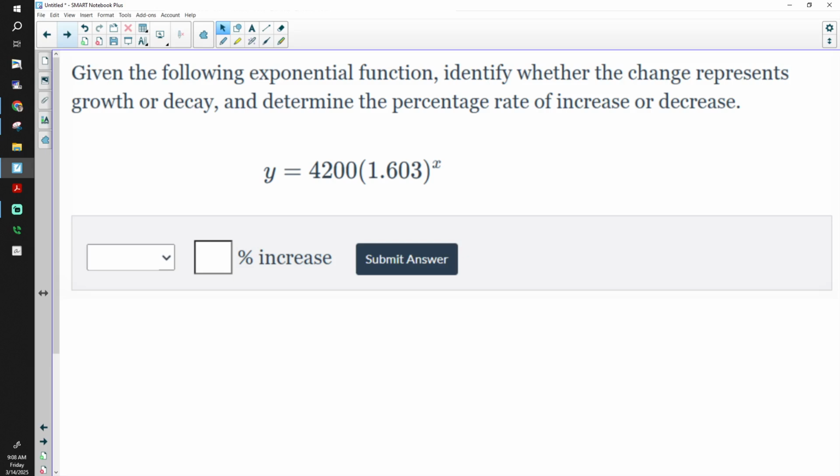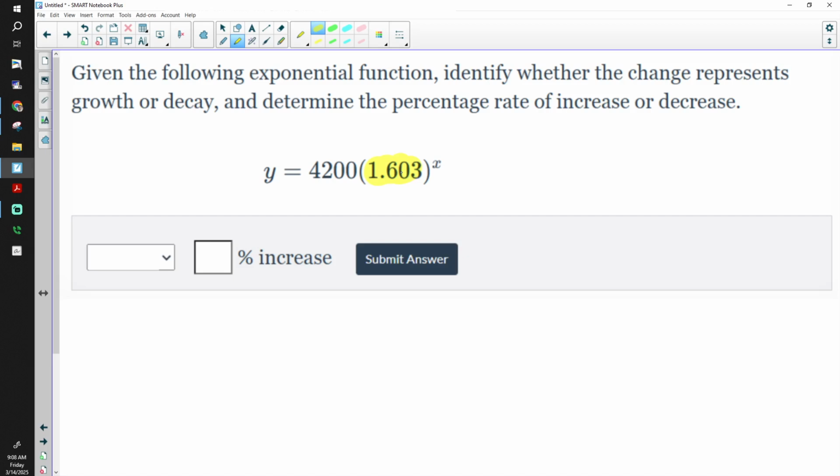Thank you. All right, we are trying to identify whether it's growth or decay, and then determine the percentage rate of increase or decrease. Okay, so the first thing we want to look at to determine if it is growth or decay is the base. The base is the number attached to the x.